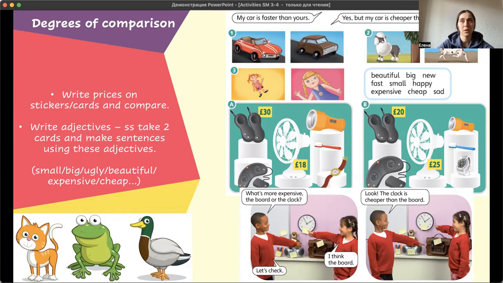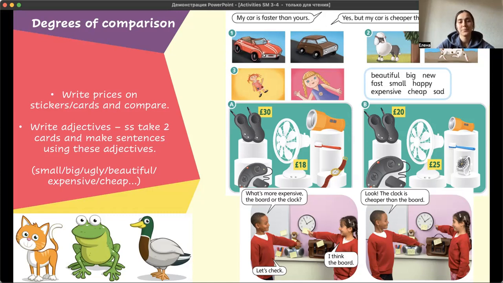They take 2 cards and 1 card with the adjective, and they compare, for example, cat and frog, yes, and they have beautiful, and for some students, the frog is more beautiful than the cat. Yes, so they have different ideas.